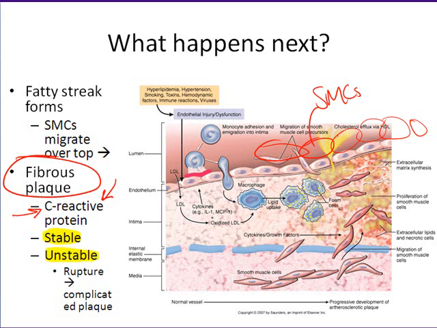Unstable plaques are ones that have the ability to rupture, and maybe this whole plaque area tears off. When that happens, that can lead to a catastrophic event in terms of the formation of a huge blood clot, and this can lead to ischemia, and in some cases it can even lead to death. So a ruptured one can lead to the formation of what's called a complicated plaque.